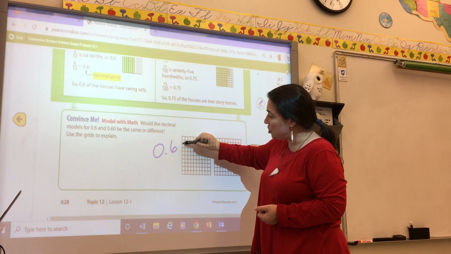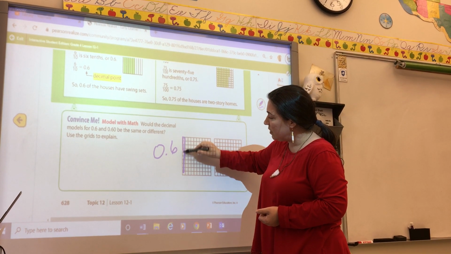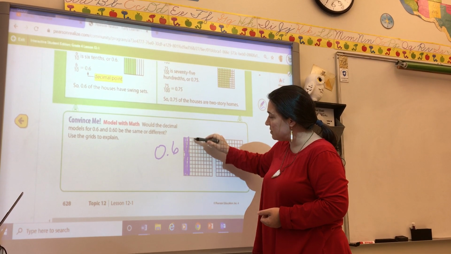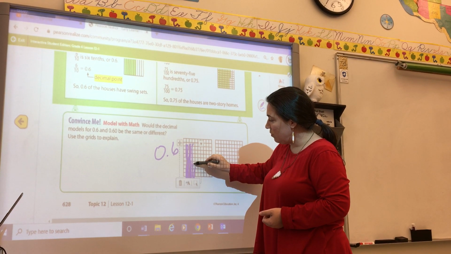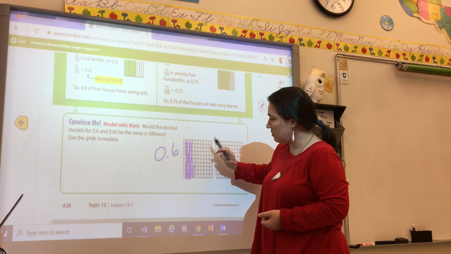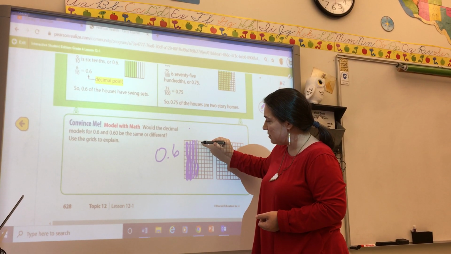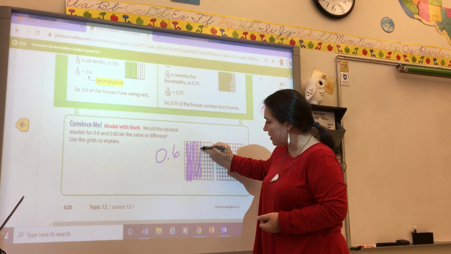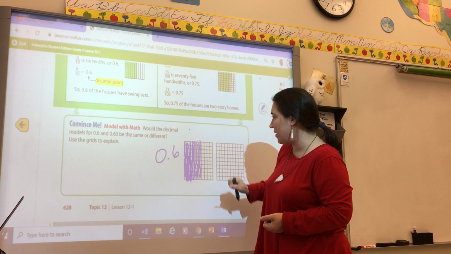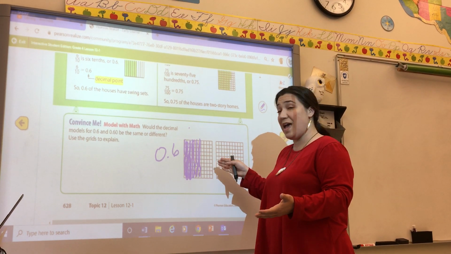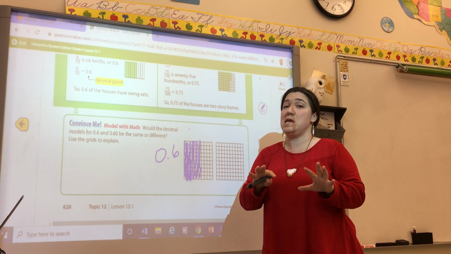So what I'll do is I'll show, here's one column, that's 1/10, 2/10, whoopsies, 3/10, 4/10, I think that's 6/10. There we go. I think I got all my 6/10 filled in. So I have to have 6 of the 10 columns filled in, making 6/10.